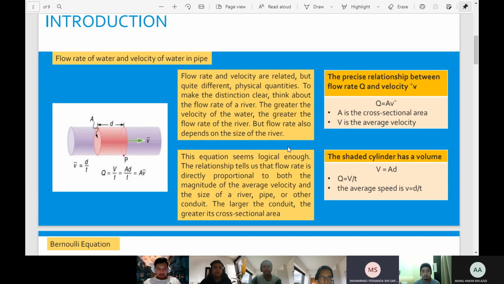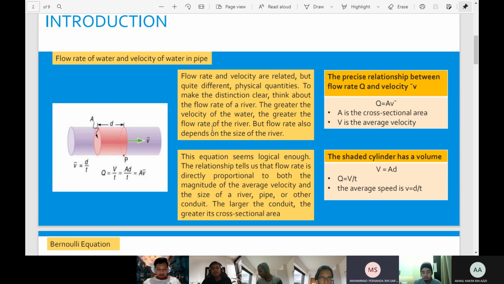Okay, we're going to start with the introduction first. I'm going to start with flow rate of water and velocity of water in pipe. Flow rate and velocity are related, but quite different physical quantities. To make the distinction clear, think about the flow rate of a river. The greater the velocity of the water, the greater the flow rate of the river.